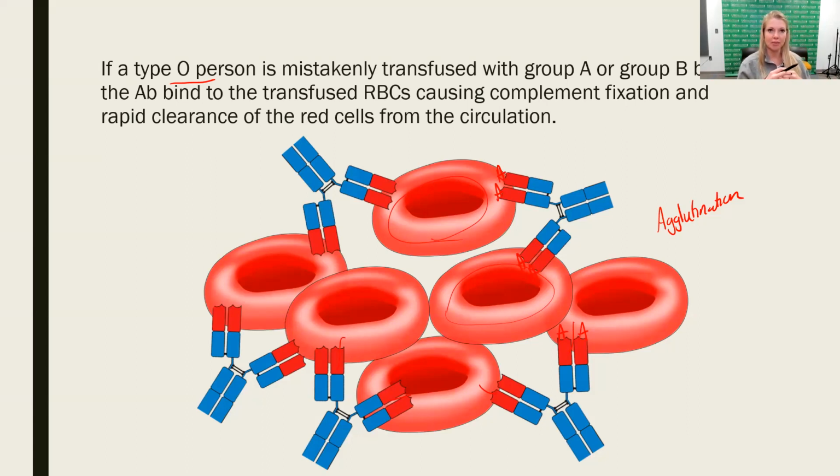The clumping can end up inside vessels, especially like the kidney or other organs, causing major clumping and drastic events. But then complement is also activated, and complement destruction of the red blood cells can occur. We can also have macrophages recognize the Fc portion of the antibodies and take these red blood cells up and phagocytize them. So in the end, if an incompatible red blood cell is given to a recipient, they will destroy those red blood cells in some way or another.